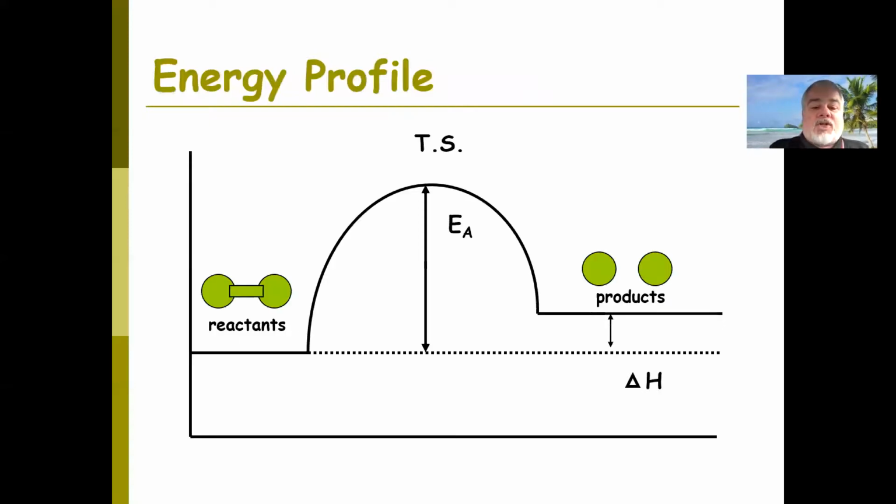So if we look at an energy profile, here's the reactant or reactants and the products. And EA is the energy of activation. And some heat energy must go into this reaction to make it occur.